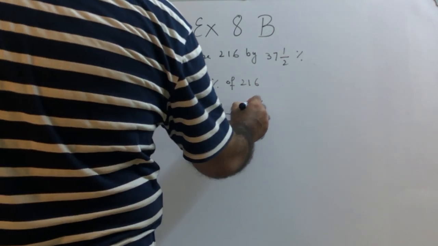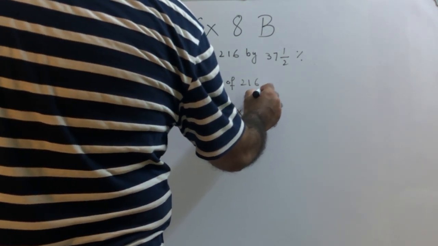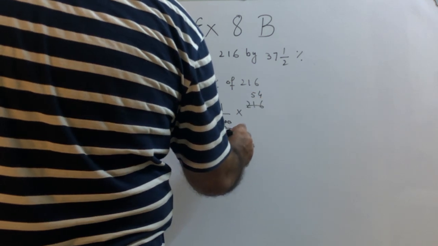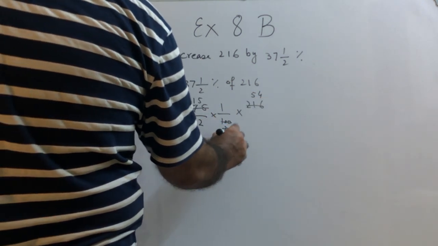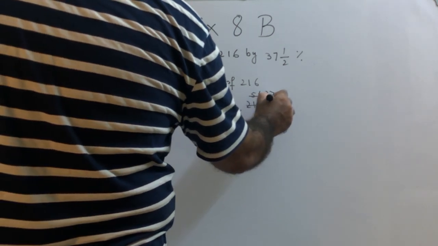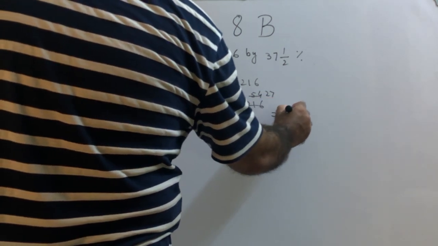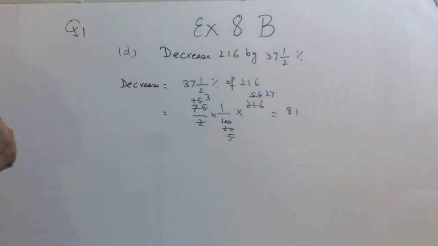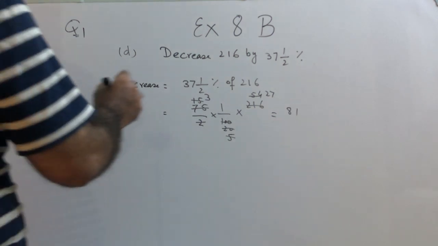Then 4 5s are 20. 4 4s are 16. 5 3s are 15. 2 27s are 54. Becomes 81. 27 times 3 is 81. So 81 is the decrease required.